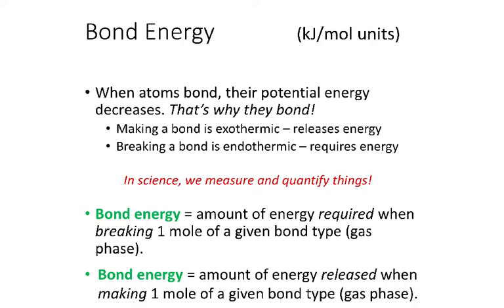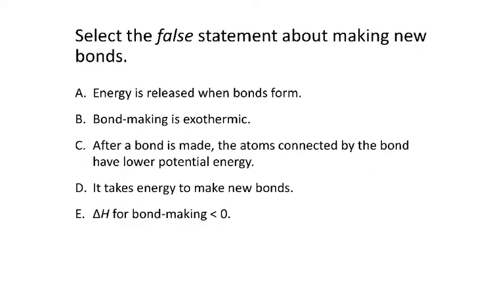Conversely, it's also equal to the amount of energy released when making 1 mole of a given bond type. So we can define it either in terms of energy input to break or energy output to make, and it will be the same value. We'll look at those values in just a moment, but first, here's a question.